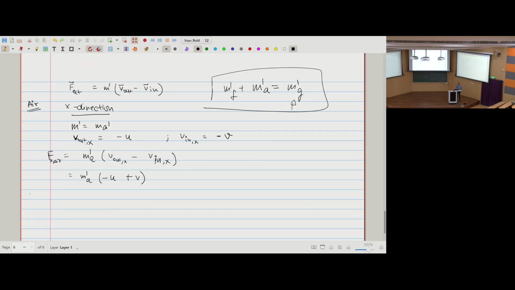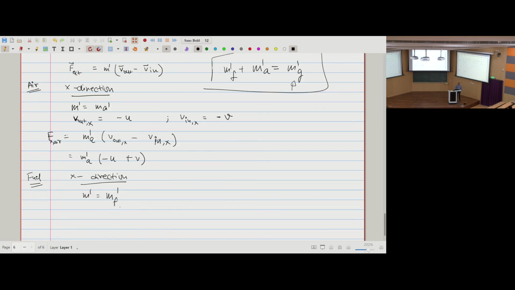So let us take fuel now. You want to substitute these values yourself.